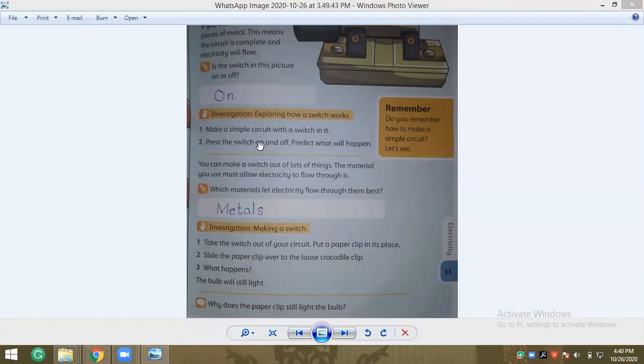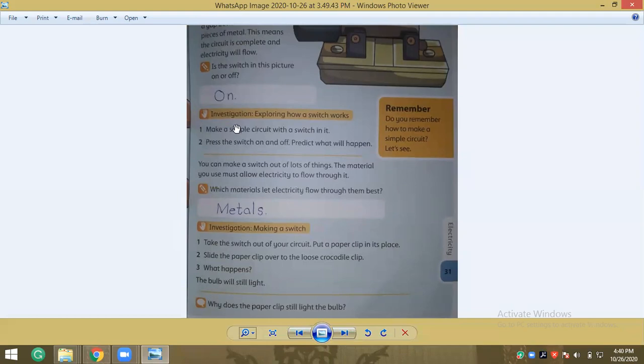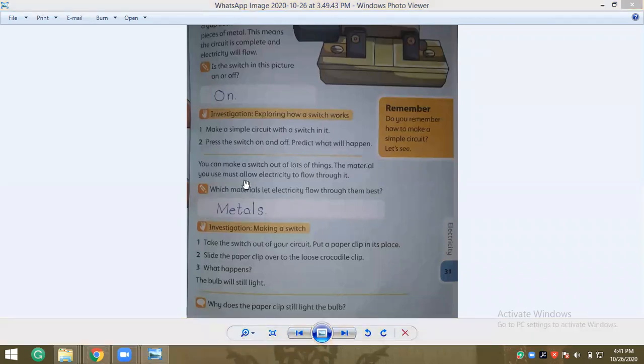Yes. Okay. So here we will write on. So here we have number 2. Number 2 we have a question: which materials let electricity flow? Be quiet and listen to me, please.